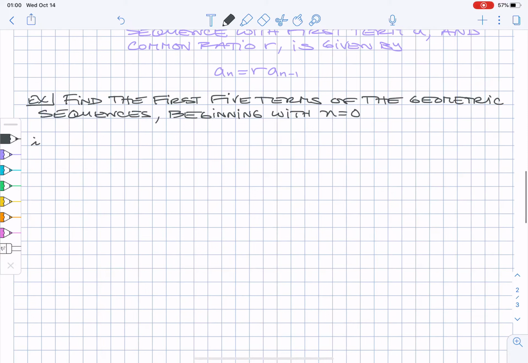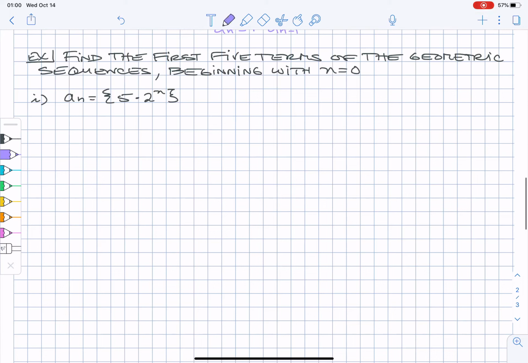So number 1. Let's say we have that a sub n is defined as 5 times the quantity 2 to the n. Okay, so I claim that a sub 1 is going to be 5 times 2 to the first power, which is 10.